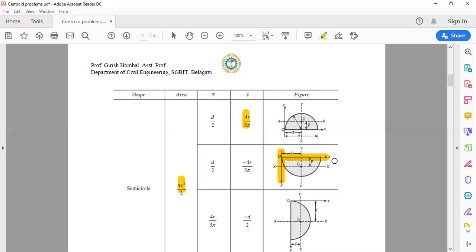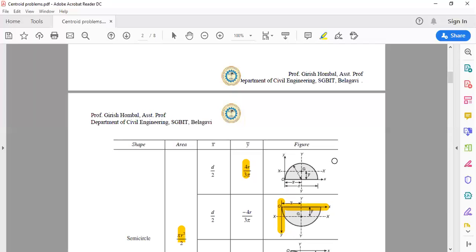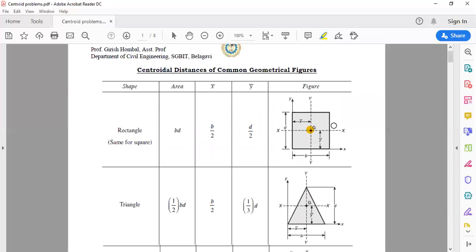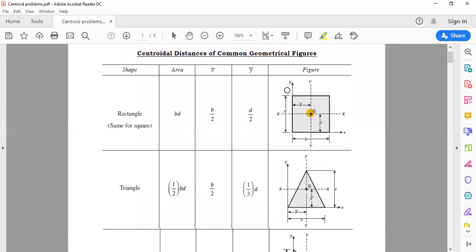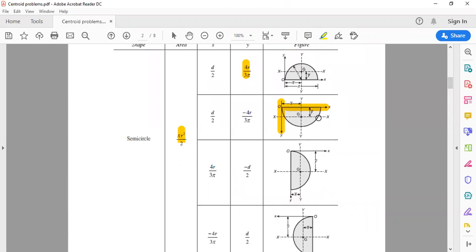Now, if you concentrate on all the figures which we have discussed till now, all the geometric figures were placed in the first quadrant. But in this case, it is located in the fourth quadrant.